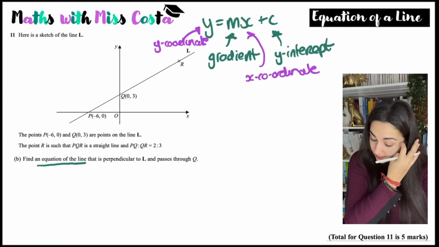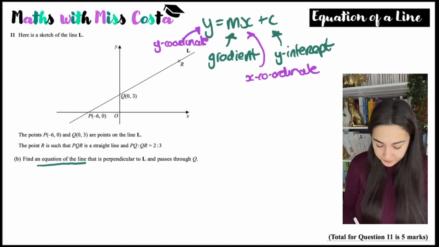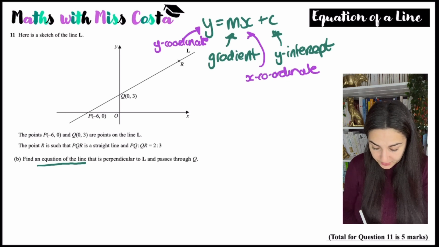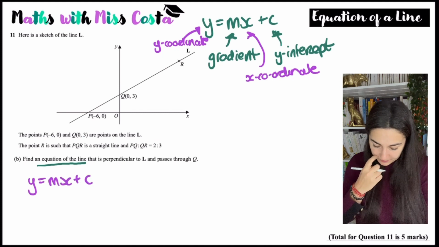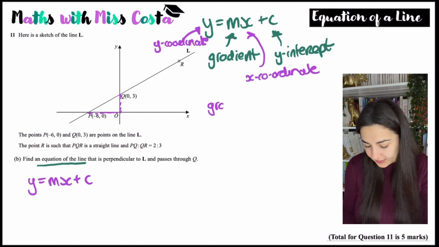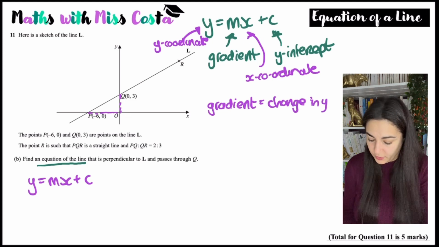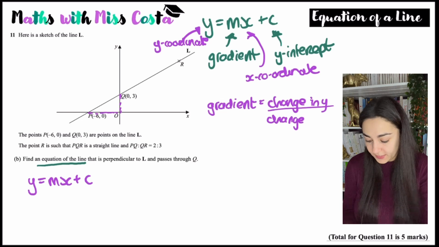So, first of all, what we need to do is work out the equation of the line L. So, there are a few ways we can do this. Which way should we do? Y equals mx plus c. Let's work out the gradient first. So, the gradient is the distance, or the change in y over the change in x coordinates.